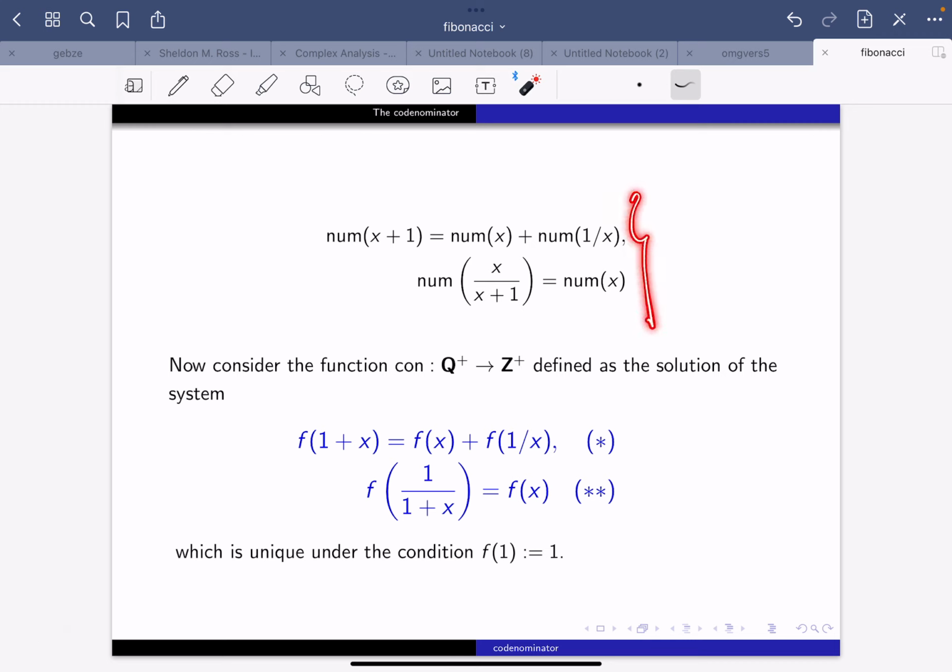So here we have our functional equations for the numerator function again. And I want to modify this system just a little. So the first equation is going to be the same. But in the second equation, I'm going to replace this x by 1. And we impose the initial condition f of 1 equals 1.